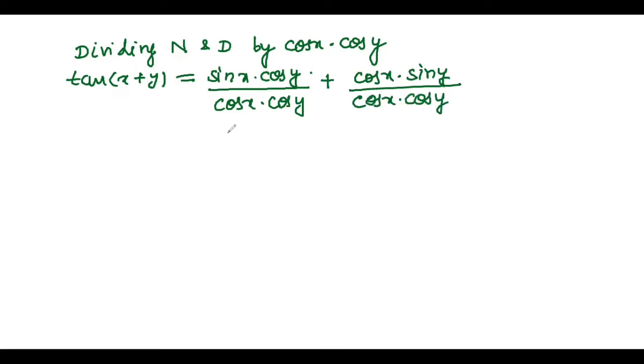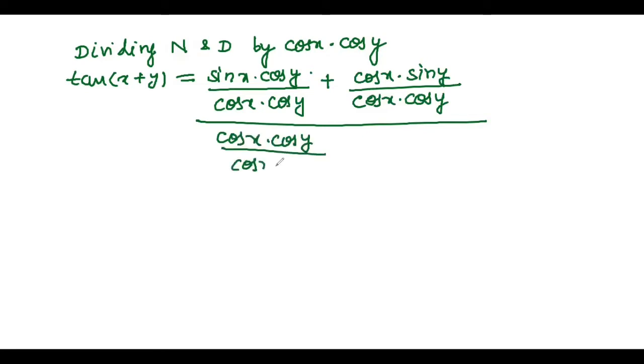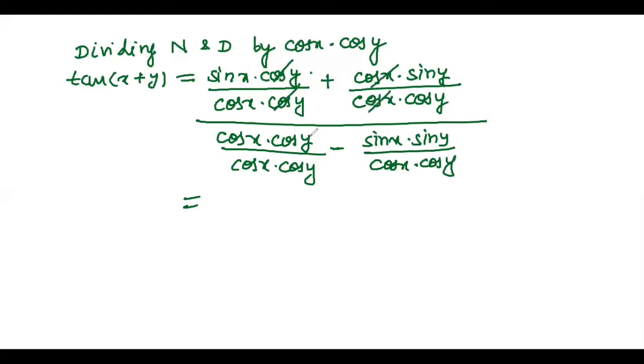cos x into cos y by cos x into cos y, then minus sin x into sin y by cos x into cos y. So here we can reduce cos y, here cos x, here cos x, and cos y also. Now sin x by cos x, that is tan x.